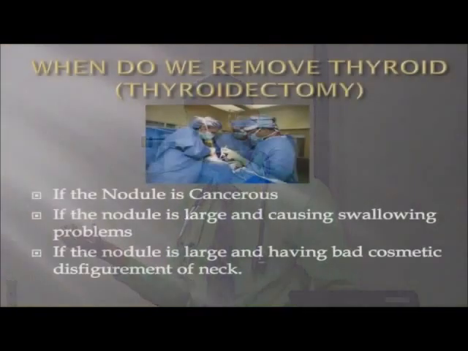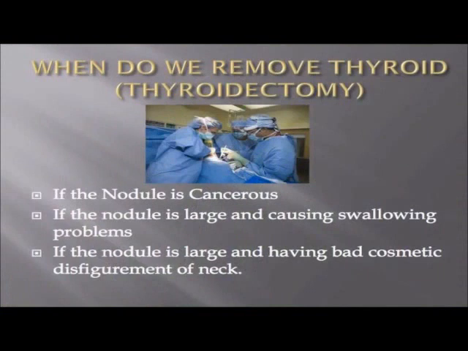But you have to mind that anytime a patient goes for surgery, there is always a risk of dying on the table, as simple as that. And with thyroid surgery, there is a risk of damaging the nerve that goes to the voice box and losing the voice. So we don't take thyroid surgery lightly. We don't just refer all patients to surgery when we discover a nodule, unless there are specific indications.